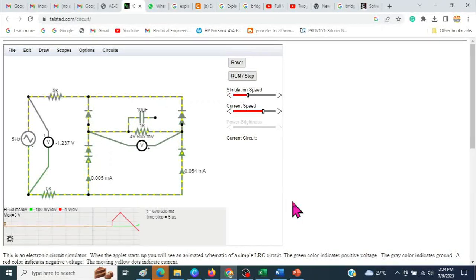Now, what about the shape of the voltage curve? Since it is going through the resistor, it will just follow the shape of the input. So let me just enhance the speed.